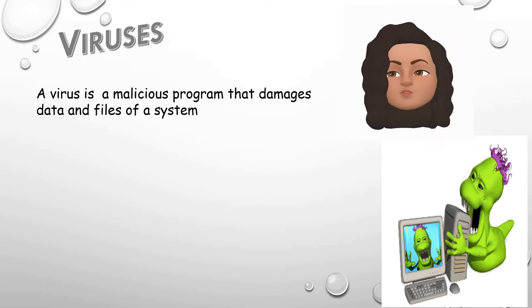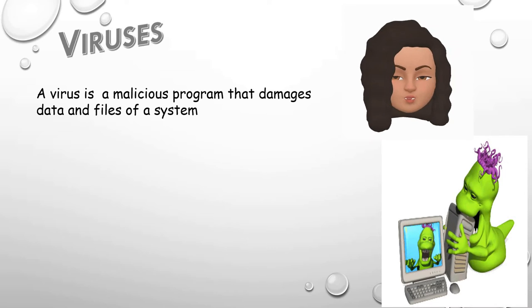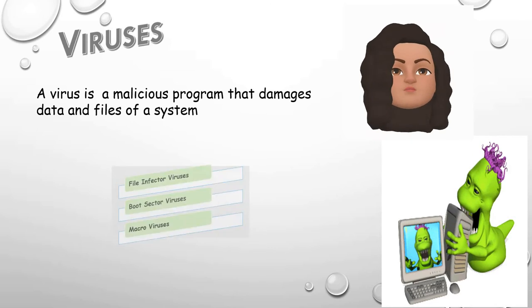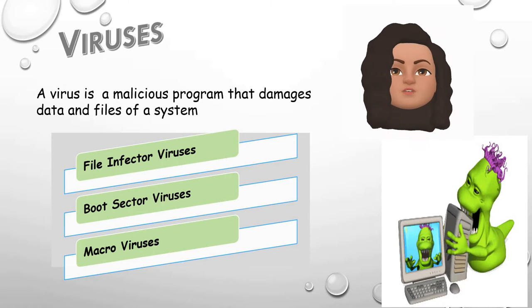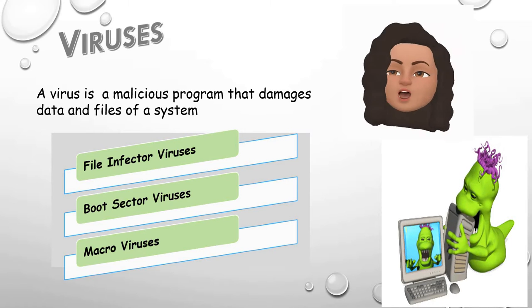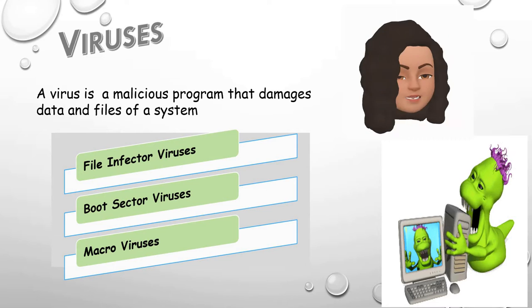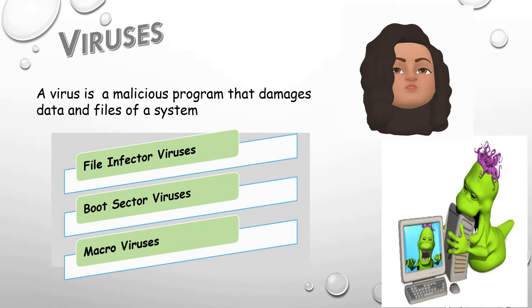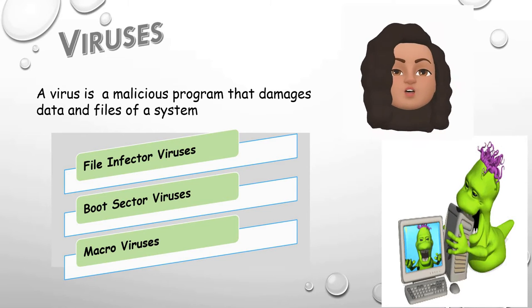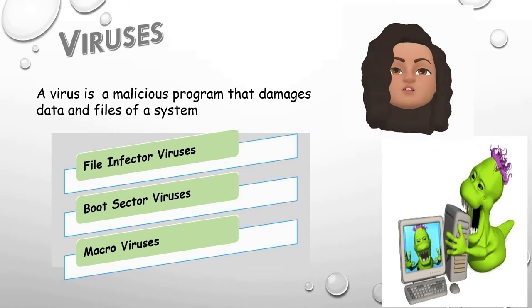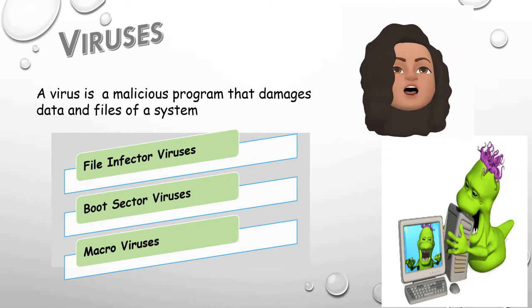These viruses are broadly classified into three types: file infector viruses, boot sector viruses, and macro viruses. File infector viruses are viruses that attach themselves to a program file, right? Boot sector viruses install themselves in the boot sectors of the hard drive.